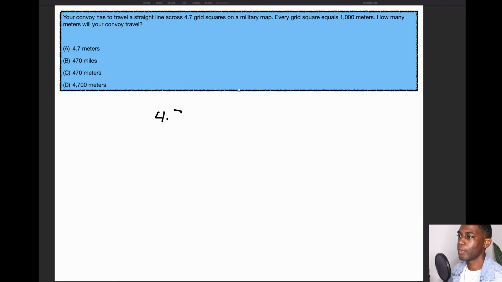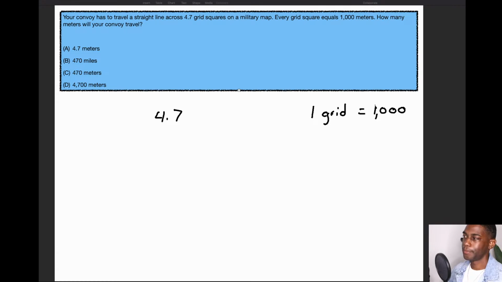It's going 4.7 grid squares. And how far does one grid square measure? It says every grid square equals 1,000 meters. So we know that one grid square equals 1,000 meters.